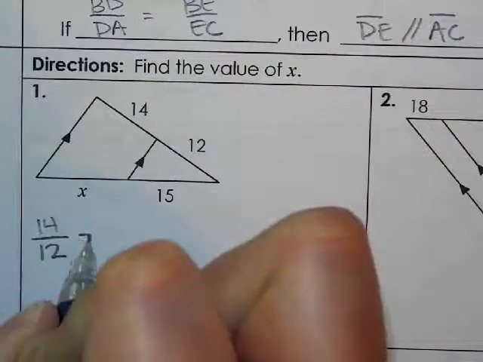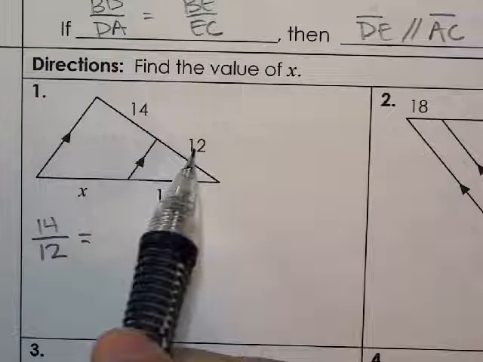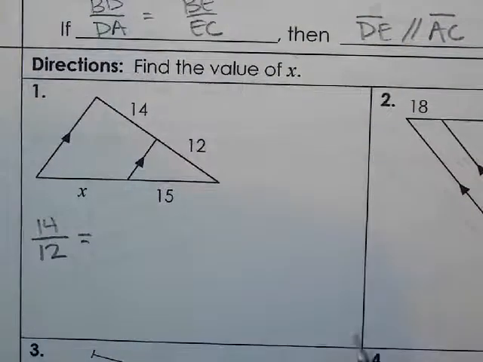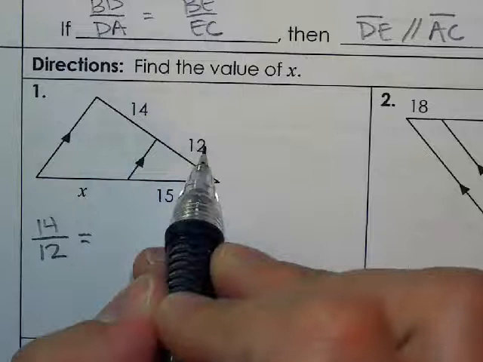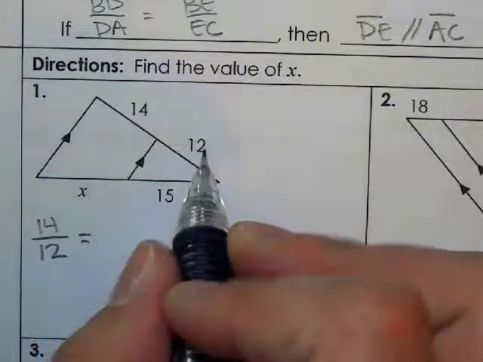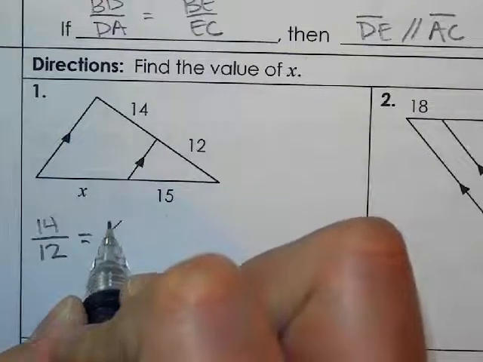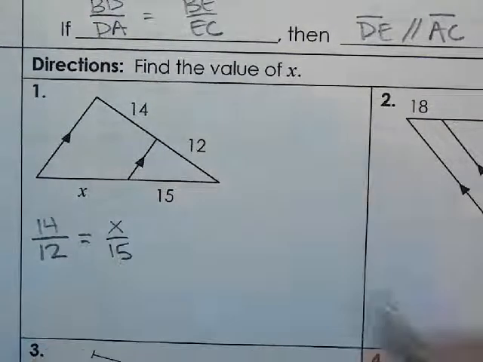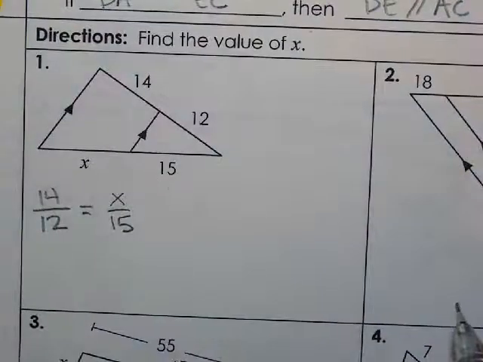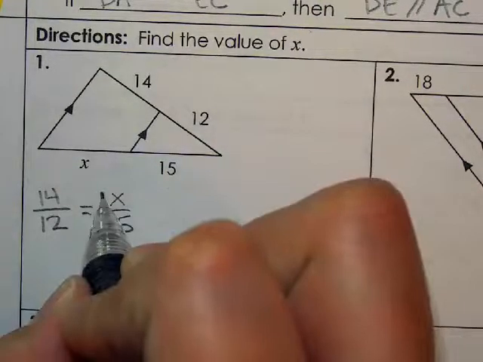It doesn't matter which side I do first. I could have done 12 over 14, or started with the other side. Since I did left over right here, I'm going to do left over right here, equals x over 15. And anytime we have a fraction equals a fraction, what do we do? Cross multiply.